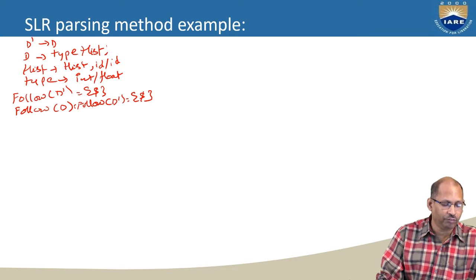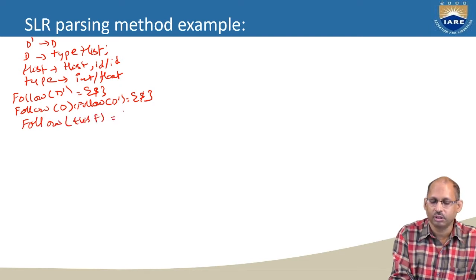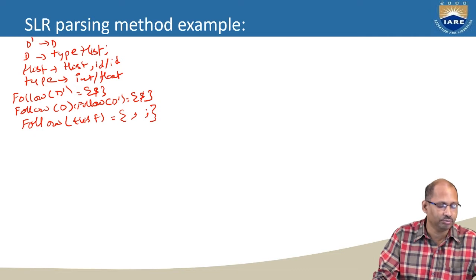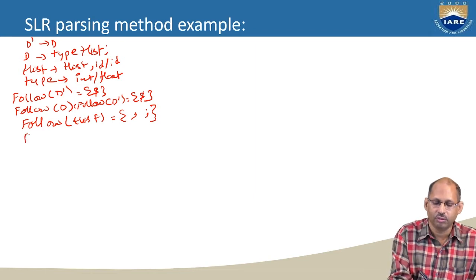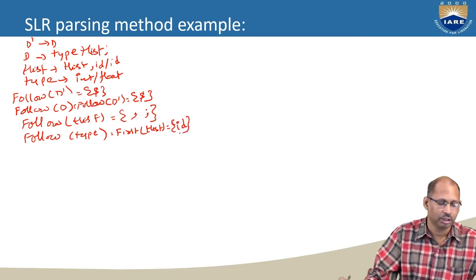Then follow of T list is comma and semicolon, then follow of type is first of T list, which is ID, right?